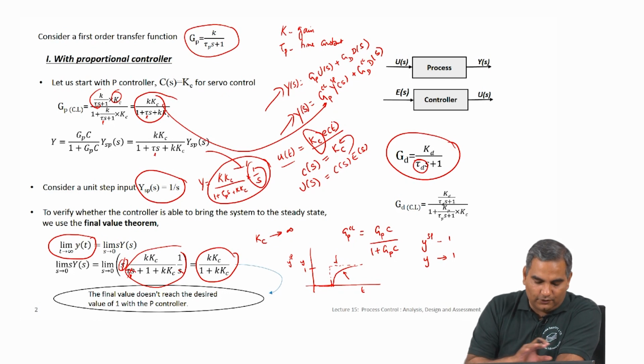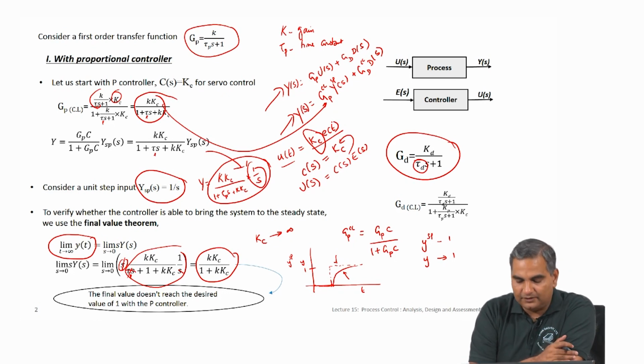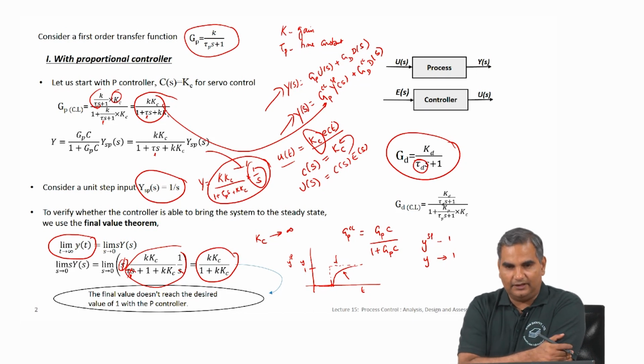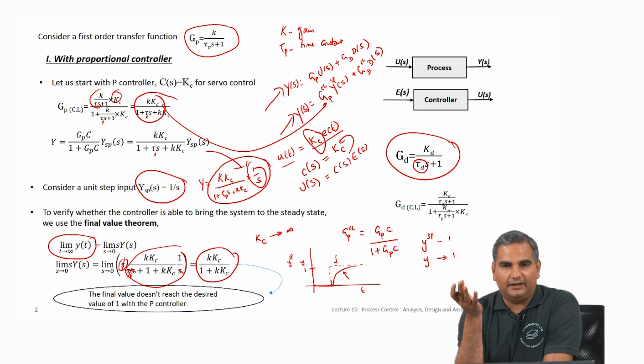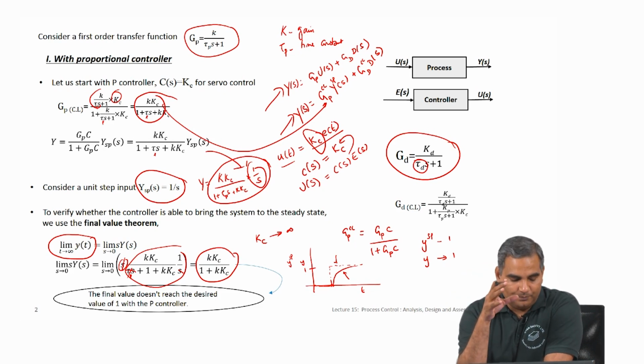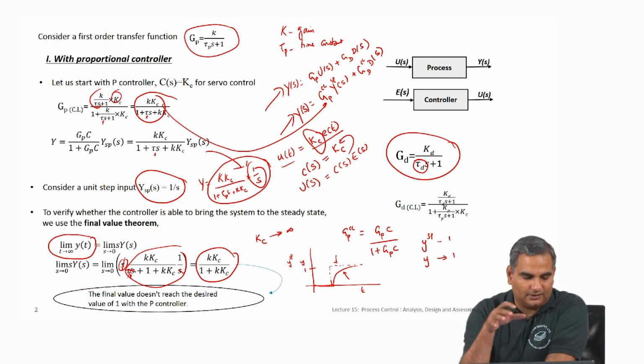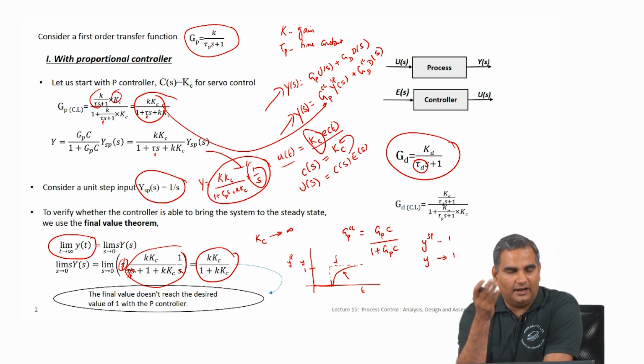So basically what we need to do is live with this offset, and there are several processes where this offset is really not a problem, because if you are, let us say, maintaining the level of water in a tank, you do not really want the level to be exactly maintained. It really does not matter, as long as it is in the ballpark, it might be good enough. So there are several systems where the proportional controller is very useful, because it is very simple. Tuning is simple, the structure is simple, it is just one constant, and it does not arbitrarily introduce oscillations and so on.